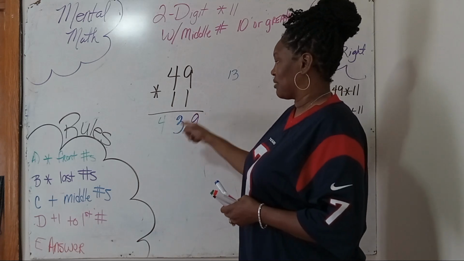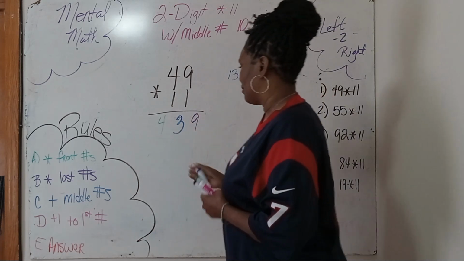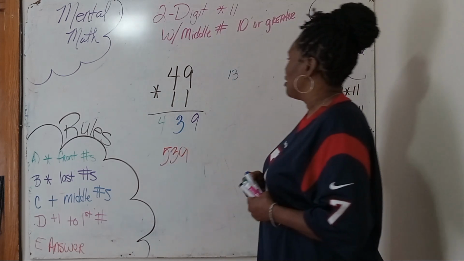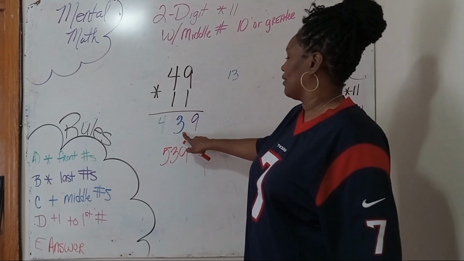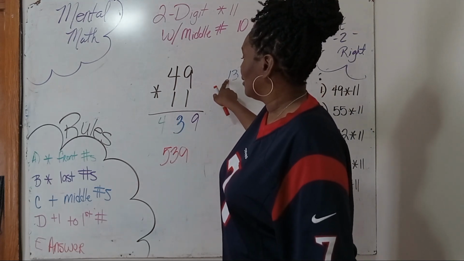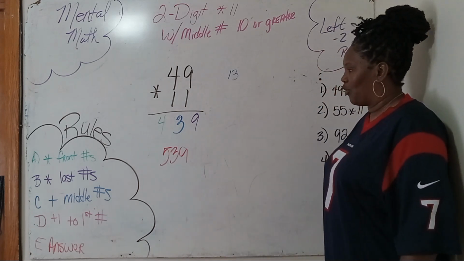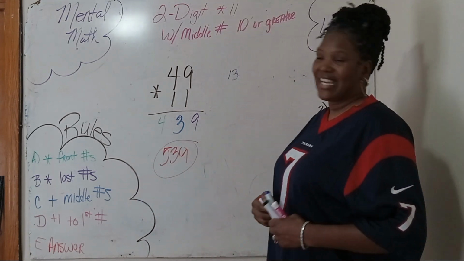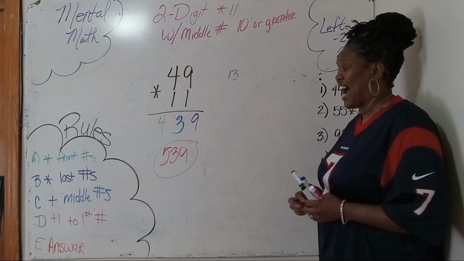So instead of our answer being 439, our answer is going to be 539. Because the 3, we put it right here. But the front number, we carried it. We made it go to the 4. So the 4 became a 5. So our answer is 539. All right? Our answer is 539.